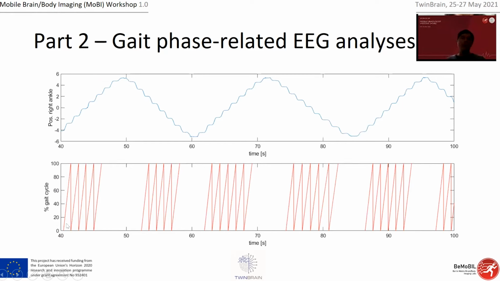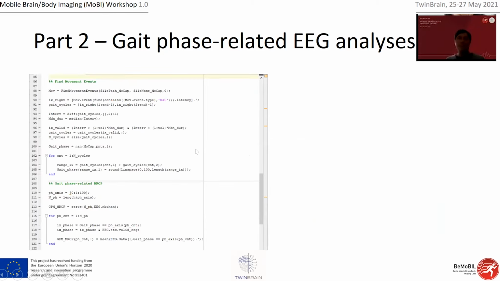Meaning I look for all the zeros, all the ones, all the twos, all the threes, and so on. But for now, it's just for every phase, let's say 2%. I look in this signal where in time there is 2% in the gait cycle. And then I try to find all these events having this specific phase.